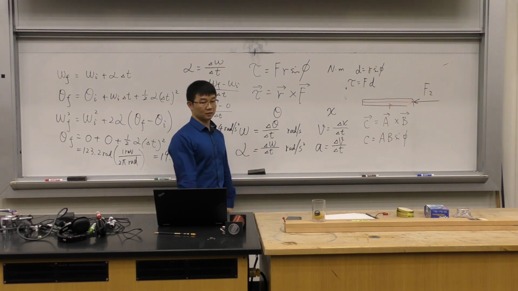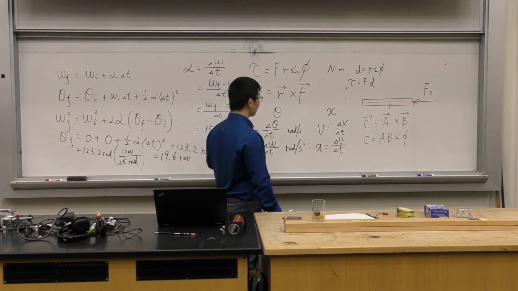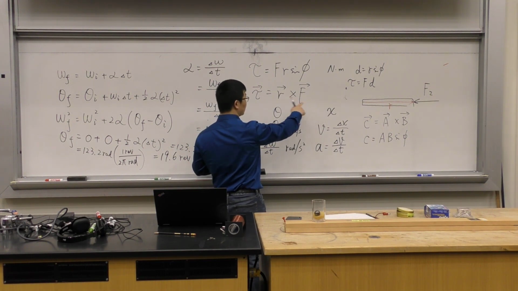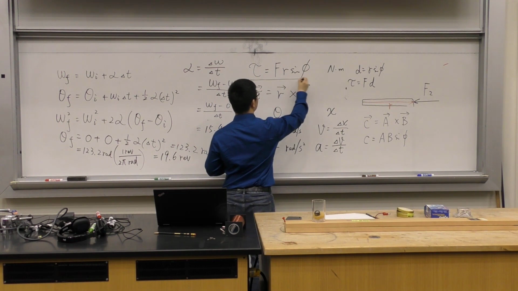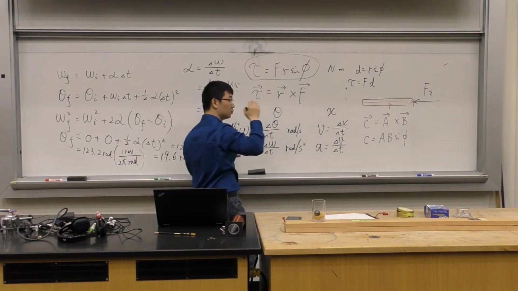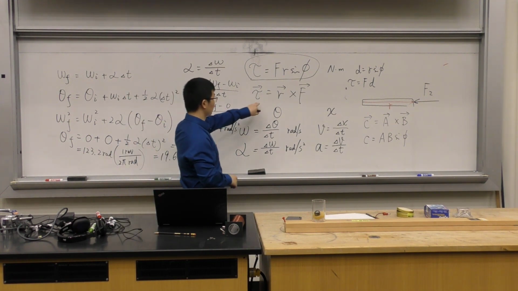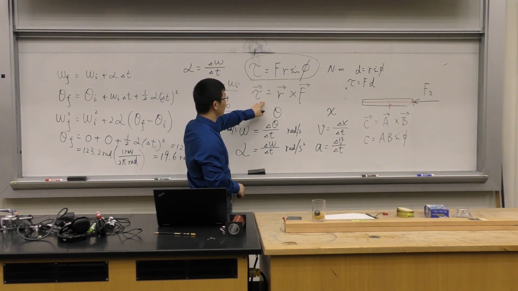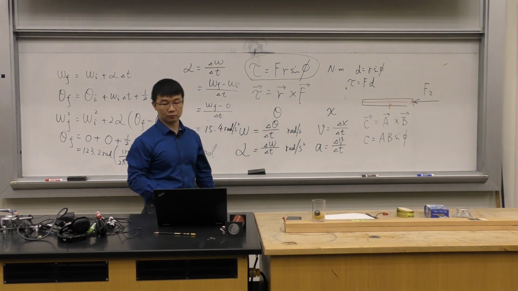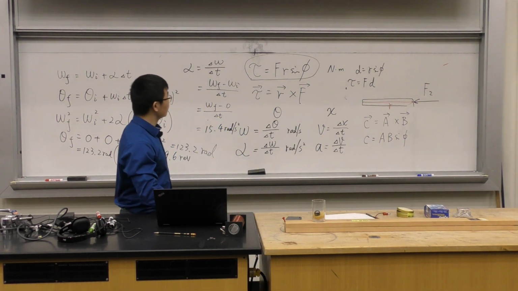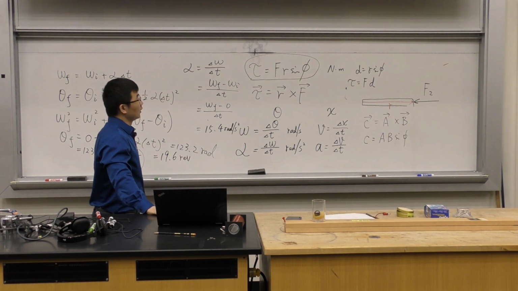We're not going to worry about that. Even in this class, we're not going to really worry about this cross product. We're still going to just use this to calculate the magnitude, because we're only interested in the magnitude, okay? But this is just the formal definition of torque in vector form.